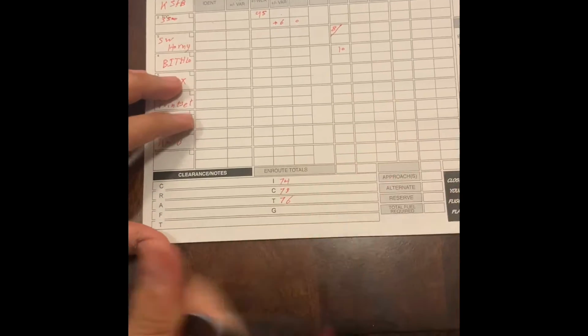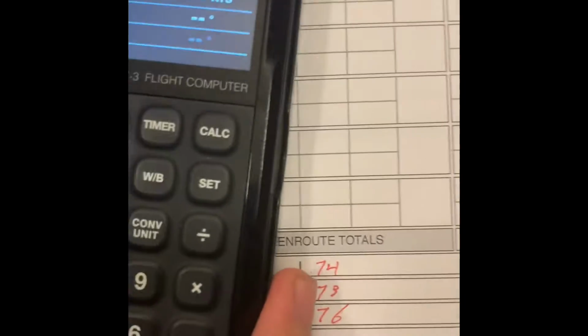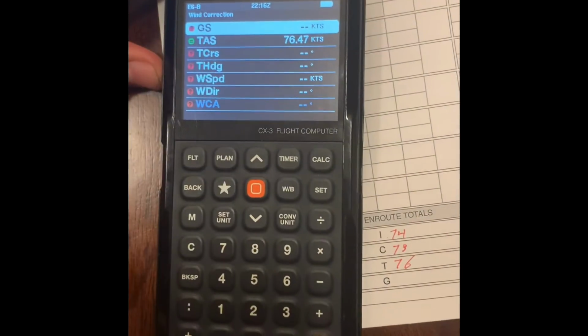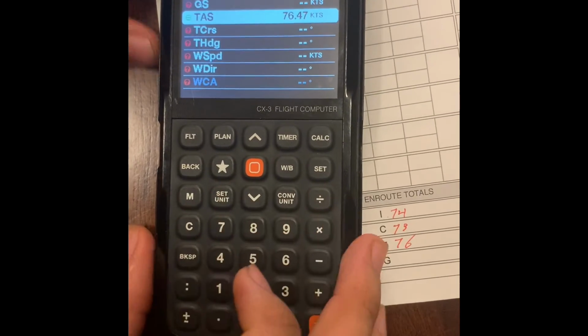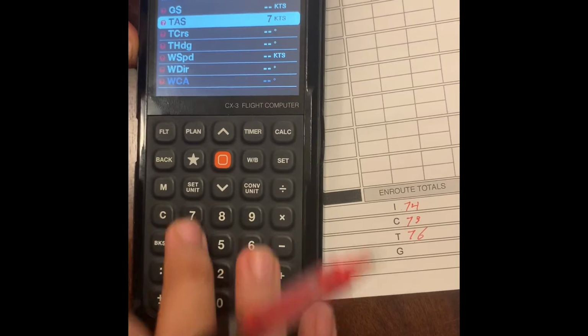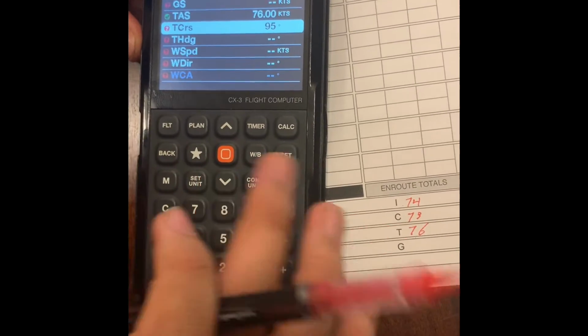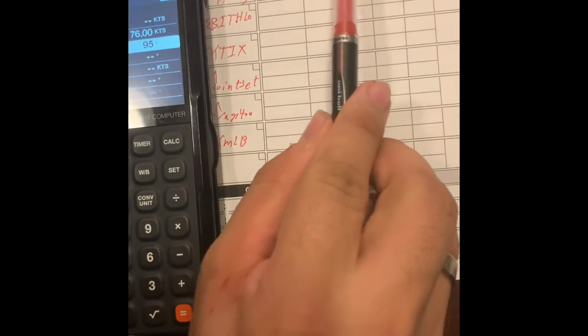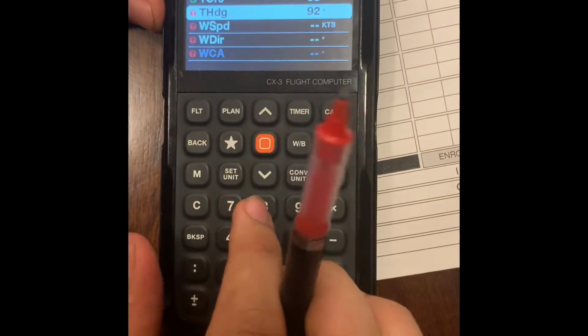All right, so we're gonna go back to the first page to get our ground speed. We're looking for the ground speed here on the top. As we said, our true airspeed is 76. We have here 76. Our true course, which is 95, and here 95.